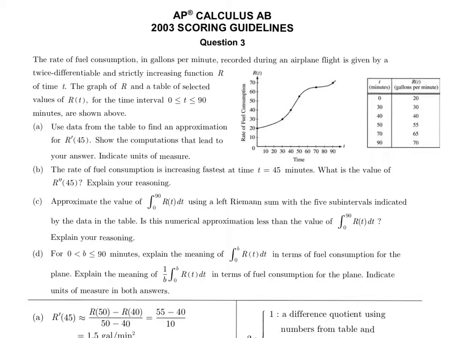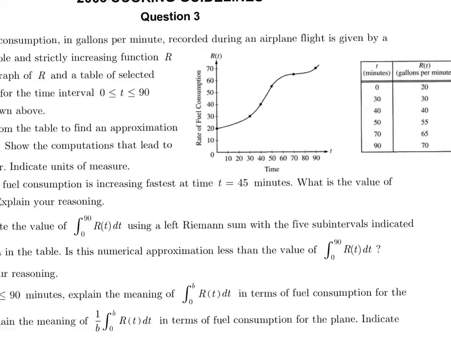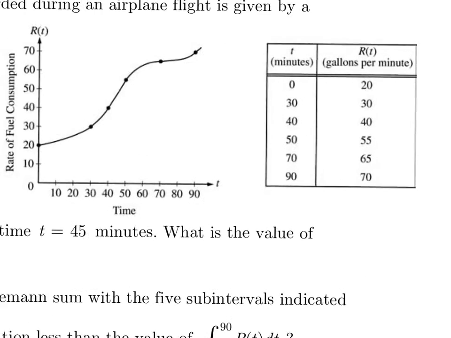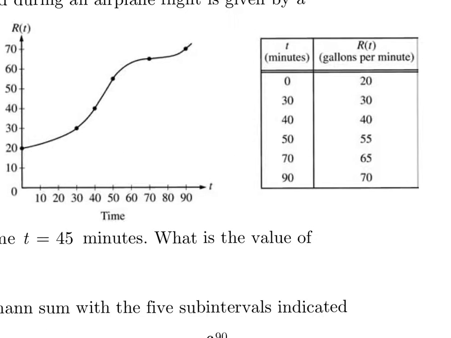So in this particular case, the best you can do is go over to your table of values that you have. So let's zoom in here a little bit. They're asking you to find or approximate the slope at 45. Time equals 45. Well, it doesn't look like we have that, but we do have 40 and 50 as the closest values.